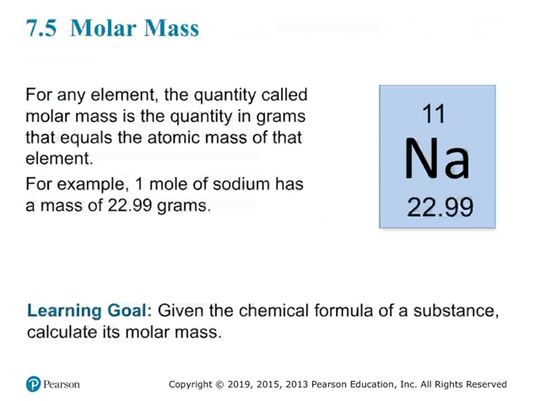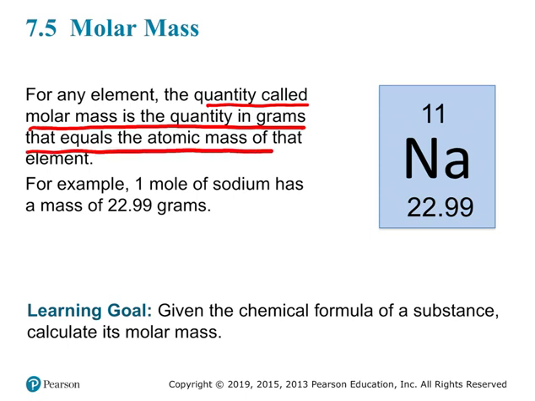So for any element, the quantity called molar mass is the quantity in grams that equals the atomic mass of that element. So for example, 1 mole of sodium has a mass of 22.99 grams.